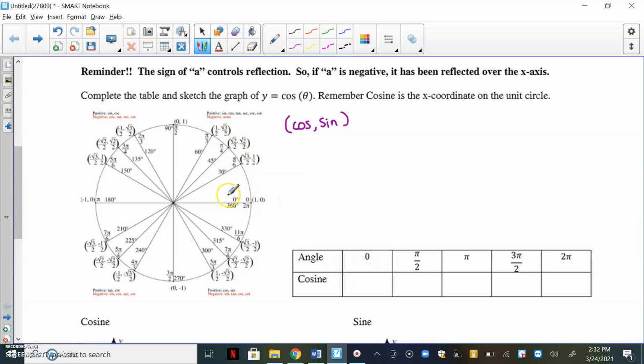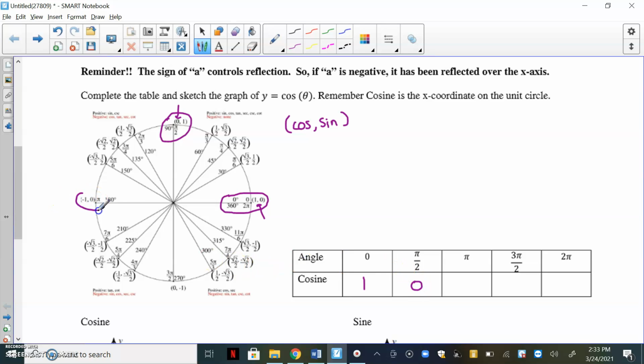So at 0 radians, we want the cosine, and that's the left number right there, the 1. At pi over 2, cosine is the left number, that's this 0.